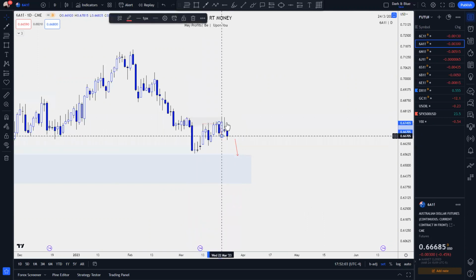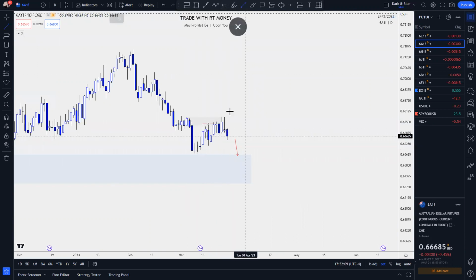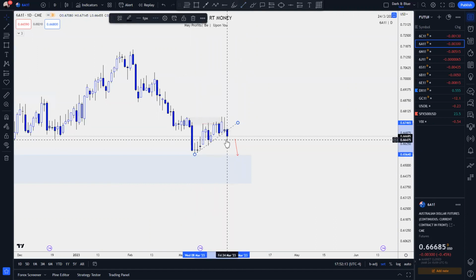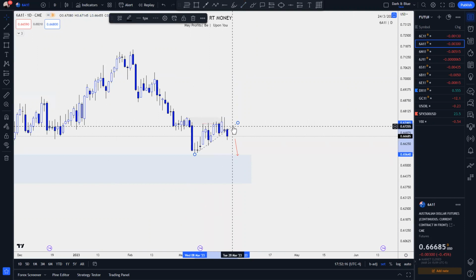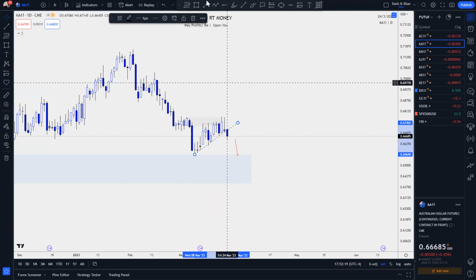I left that arrow from 2 weeks ago, all right, and I'm waiting for price to come on down, and it did. You can see the trend line it did make. It is now trading below that trend line. All right, so I'm waiting for it to come on down. This is signaling that we should be shorting the Aussie dollar.